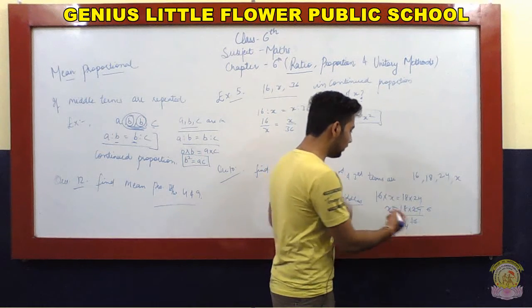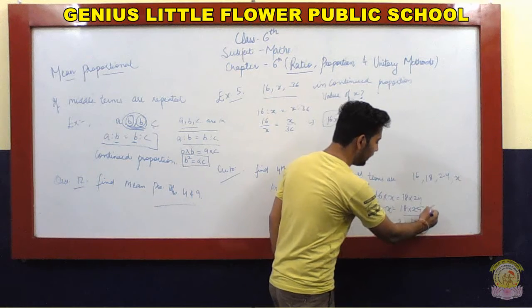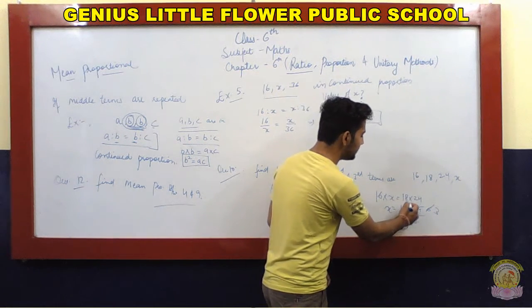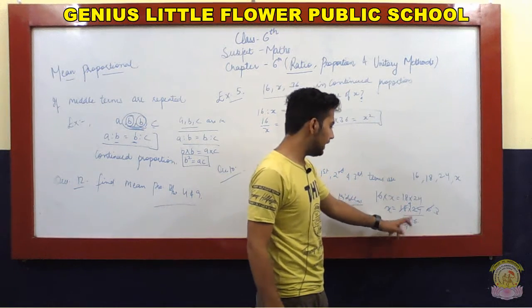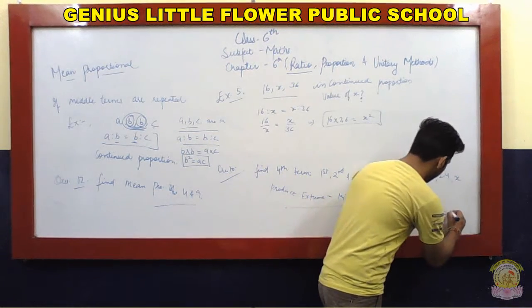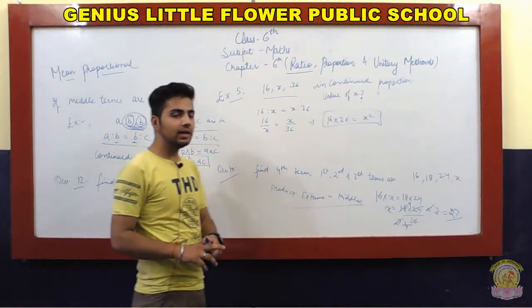Now cancel more, so you will have 2 here and 3 here. Now cancel this 2 and you will have 9 here. There is nothing in the denominator; in the numerator we have 9 into 3. 9 threes are 27, and 27 is the right answer. Your value of x is 27.